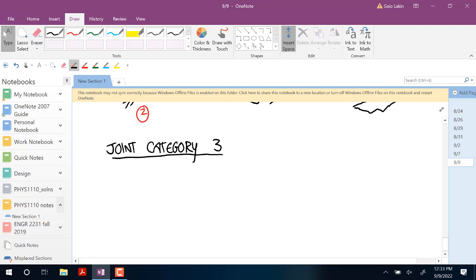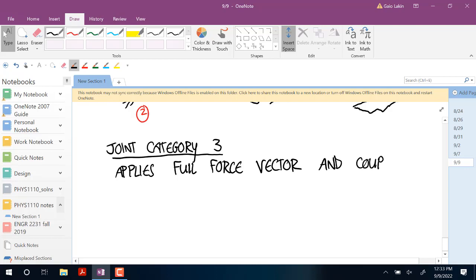This applies a full force vector and a couple to the chosen body. And that means it introduces 3 variables into Newton's laws.